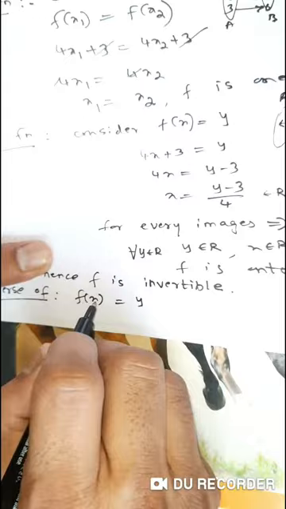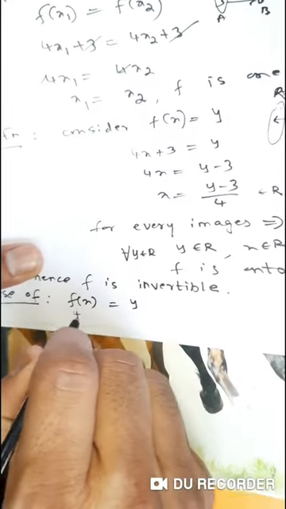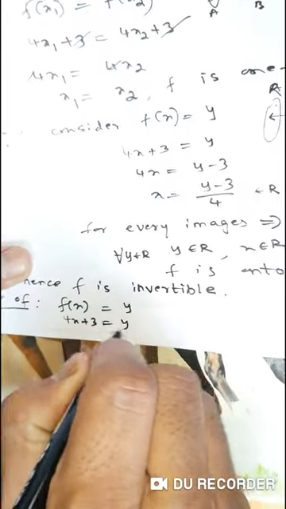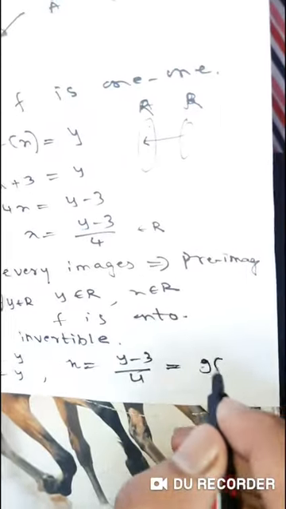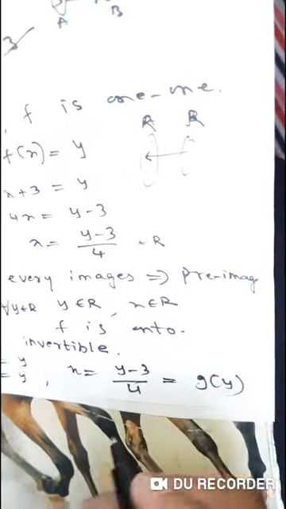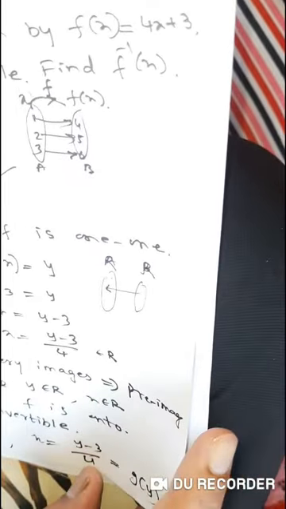So write the x value in terms of y. 4x plus 3 is equal to y, so x is equal to y minus 3 by 4, which is in terms of y. So this is of the form g of y. So g of y is y minus 3 by 4, which is the inverse of the function, f inverse. This is one example of an invertible function.